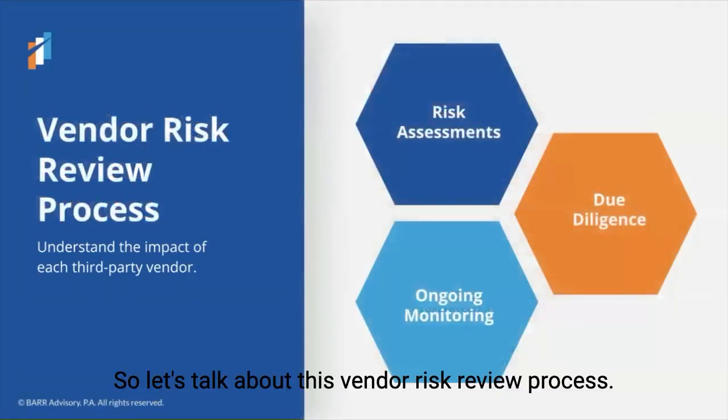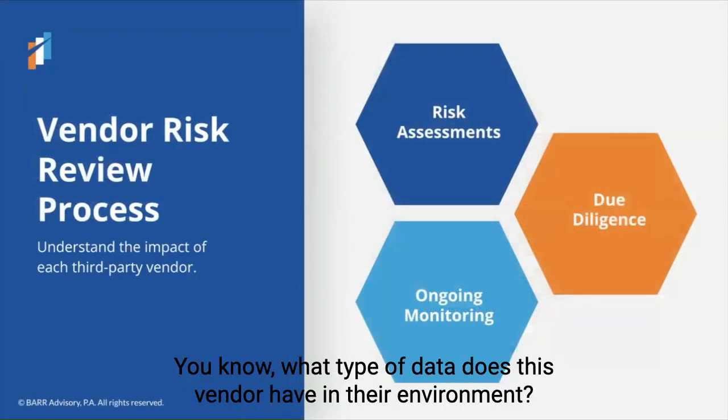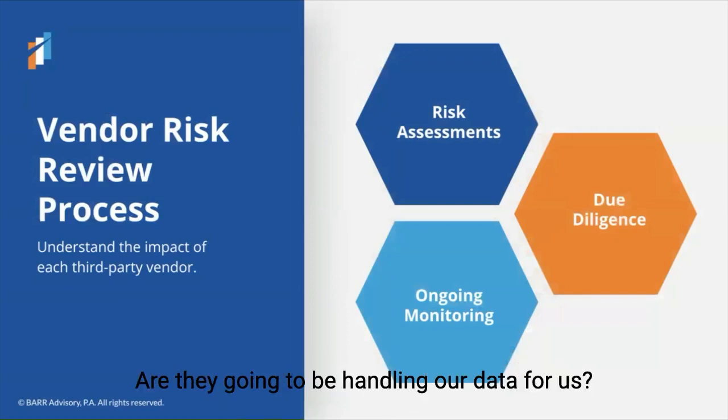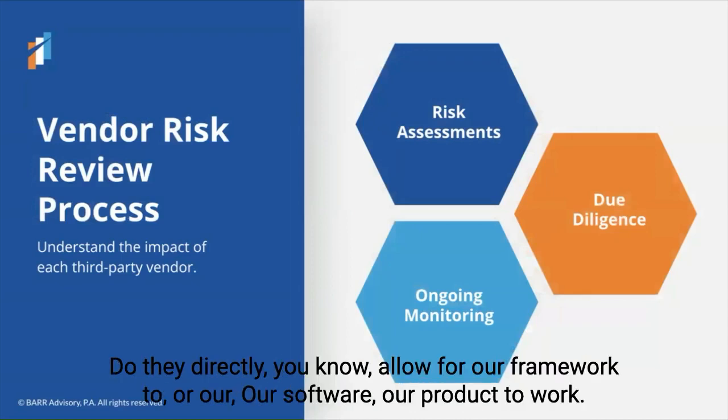So let's talk about this vendor risk review process. As I alluded to, that first step is going to be your vendor risk assessment. What type of data does this vendor have in their environment? Are they going to be handling our data for us? And that could be our customer EPHI or PII. Do they directly allow for our framework, our software, or our product to work?